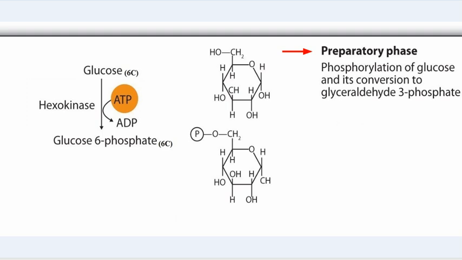In this stage, we are not getting ATP. We are making some preparation to get ATP. I repeat, in this first phase, we are not getting ATP. We are making some preparation to get a few ATPs. This phase is known as the preparatory phase.